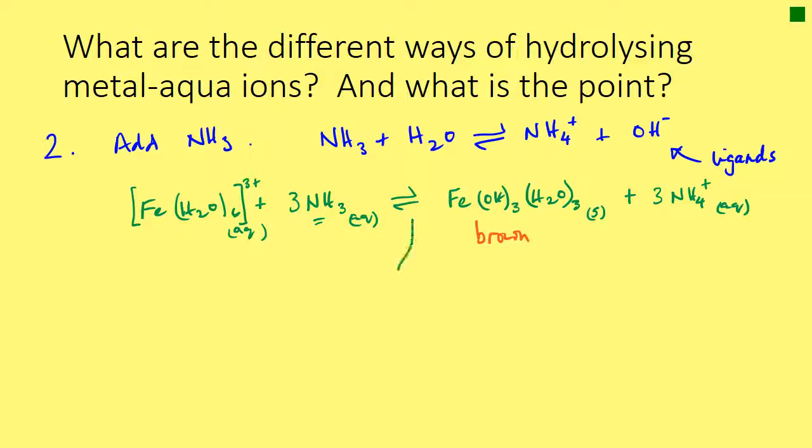Now this reaction happens like this for obviously Fe3+, because we've just done it up there, but it also happens in the same way for Fe2+ and aluminium 3+, and it happens just like that for copper 2+.